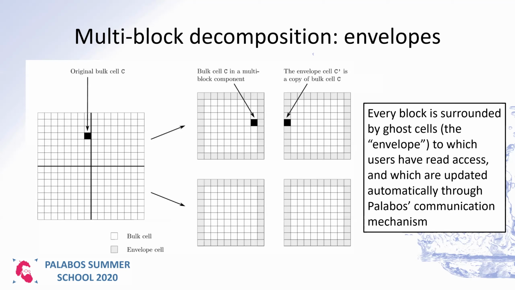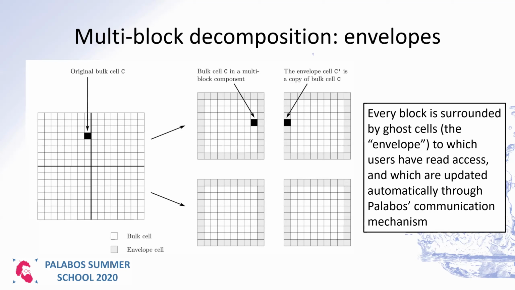If you take, for example, the cell which is highlighted in black on this scheme, you see on the left that this cell is a cell of the original multi-block, and it belongs to the atomic block which is on the top left of the domain. Now, this cell is going to exist twice, which means the value of the cell is going to be copied into the envelope of the atomic block, which is the top right one. So this is a mechanism that is implemented by Palabos.